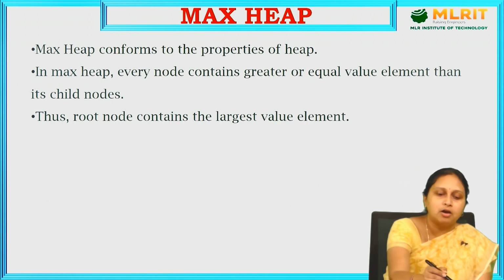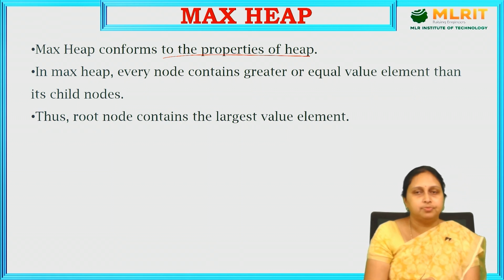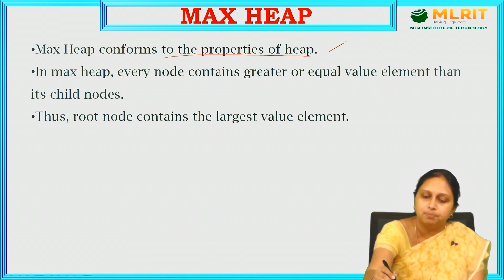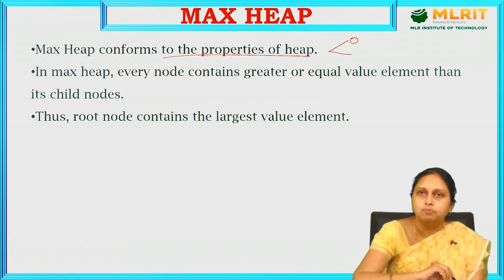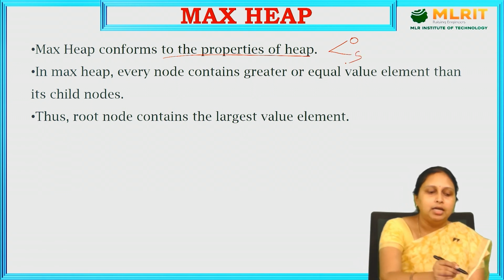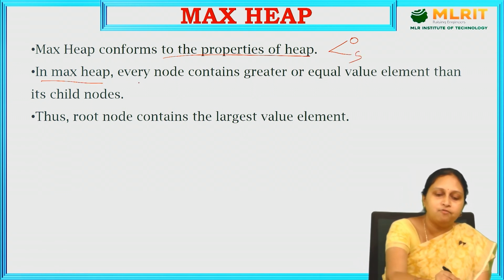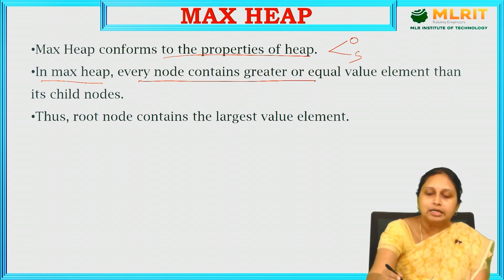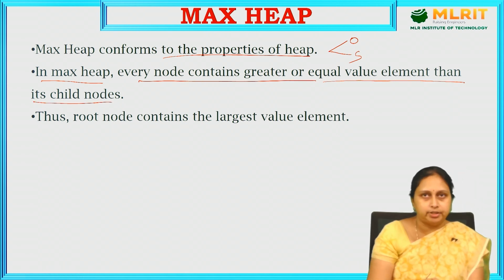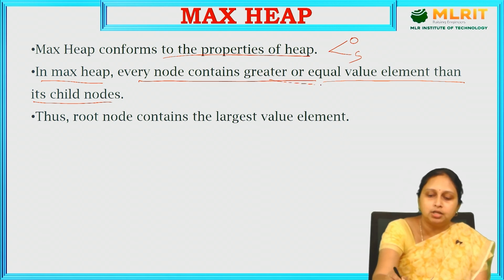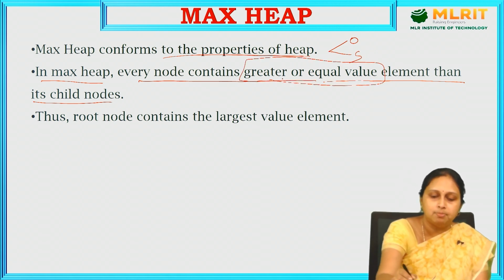Now coming to the max heap. Max heap conforms to the properties of a heap. First, it has to satisfy the basic properties, that is the ordering property and the structural property, right? In max heap, what happens? Every node contains a greater or equal value element than its child nodes. This condition has to be satisfied by the max heap.